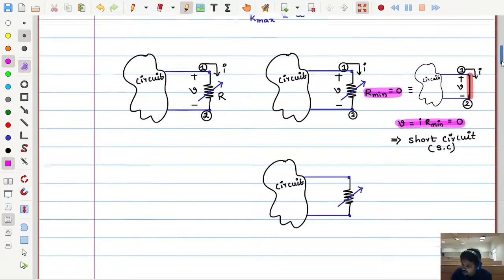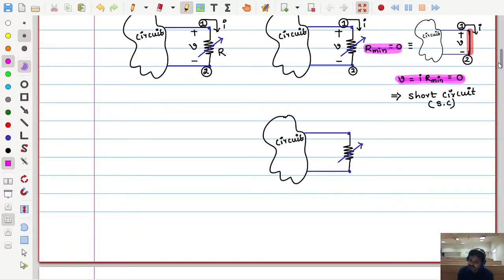Next, let us make the resistance the maximum value. How much is the maximum? It is infinite. The possible highest value which I can set here is infinite. So R max, how much is this R max? Let us say infinite. Now tell me, what is the property of resistance basically?